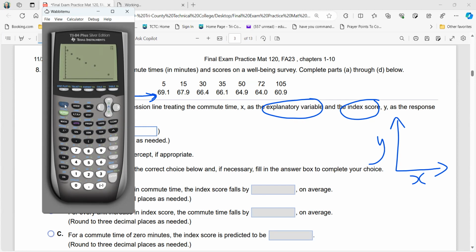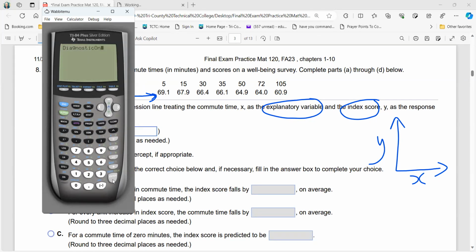So turn diagnostic on, second catalog. And because I'm turning diagnostic on, I can quickly go to D, see where D is. Okay, there's my D right here. Okay, and I'll arrow down to diagnostic on and select that.